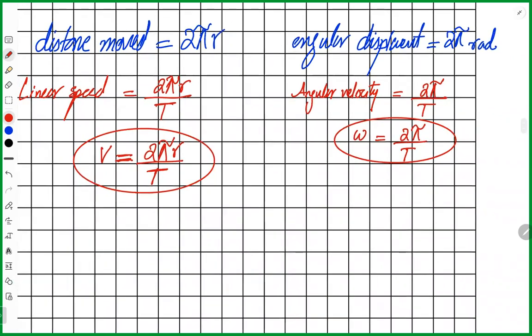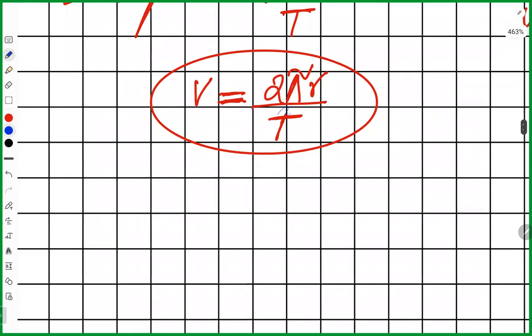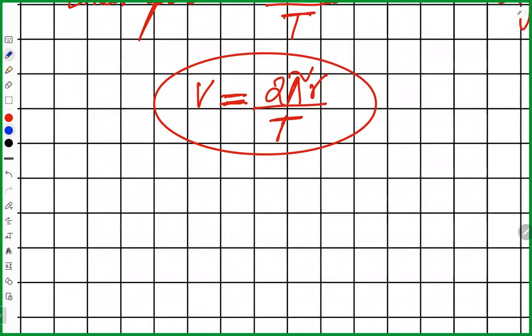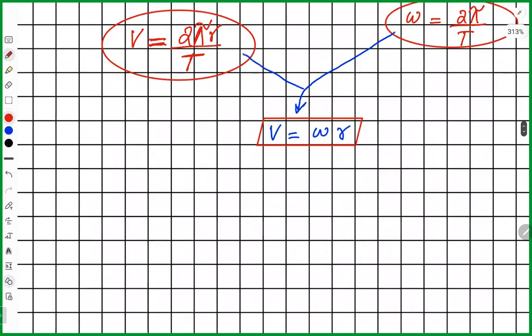Now we will be mixing some formulas here. I hope you can see 2 pi over T here as well, which equals omega. So by mixing these two formulas together, we can make another formula: v equals omega r. So this is also a very useful formula.